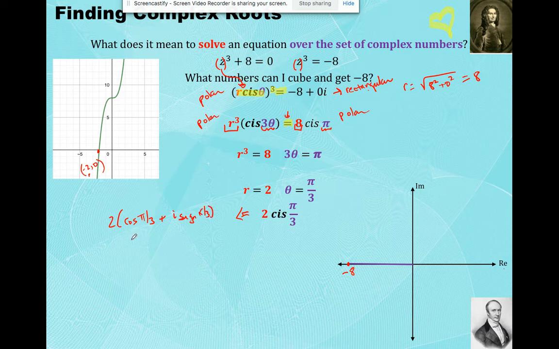Cosine of pi over 3 is 1/2. Sine of pi over 3 is root 3 over 2. That's all multiplied by 2. 2 times 1/2 is 1. 2 times i root 3 over 2 is i root 3. And I can graph that on the Argand plane. This is 1, and this is root 3, which is 1.7-ish, I think.